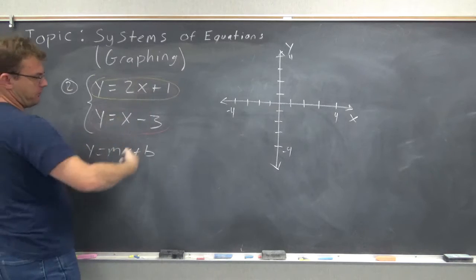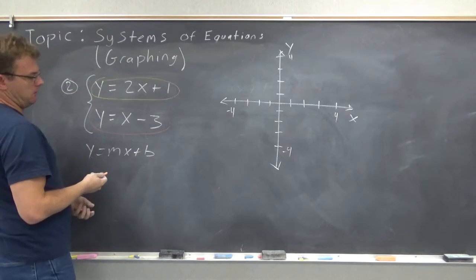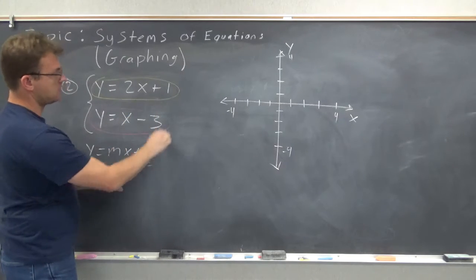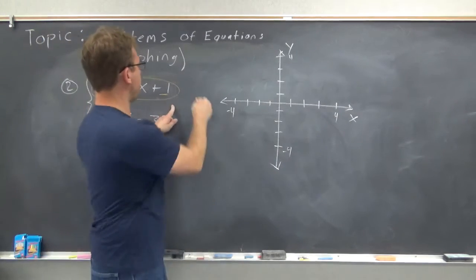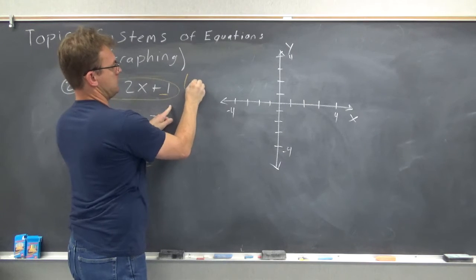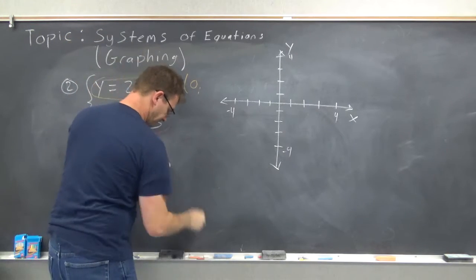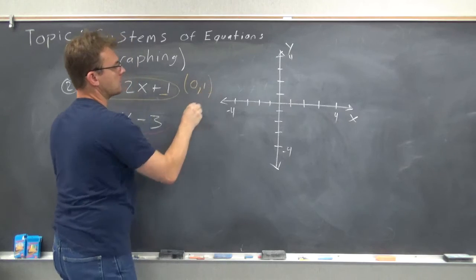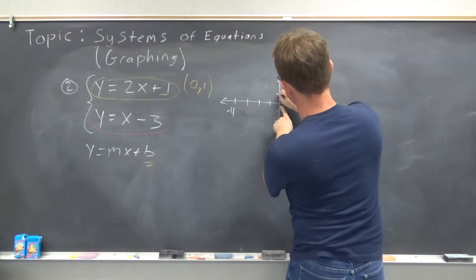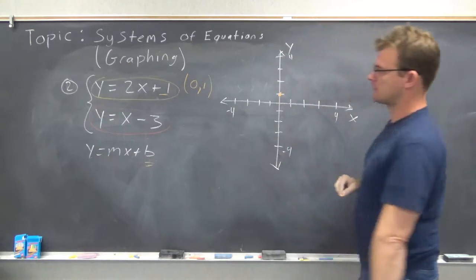So the first one, what do we do first? We graph the b. So this is 0, 1.